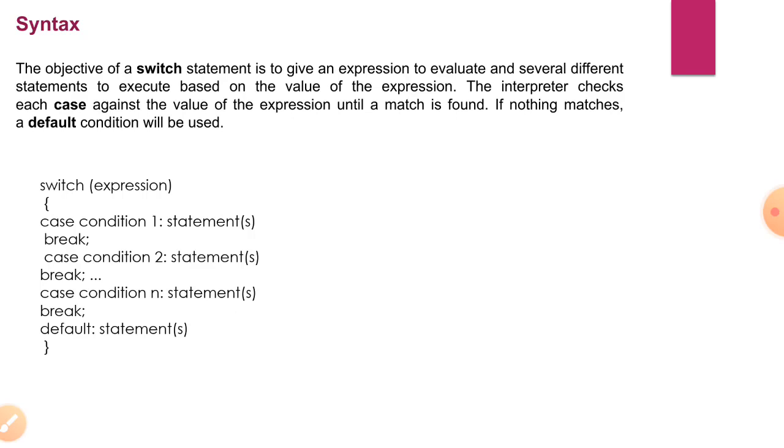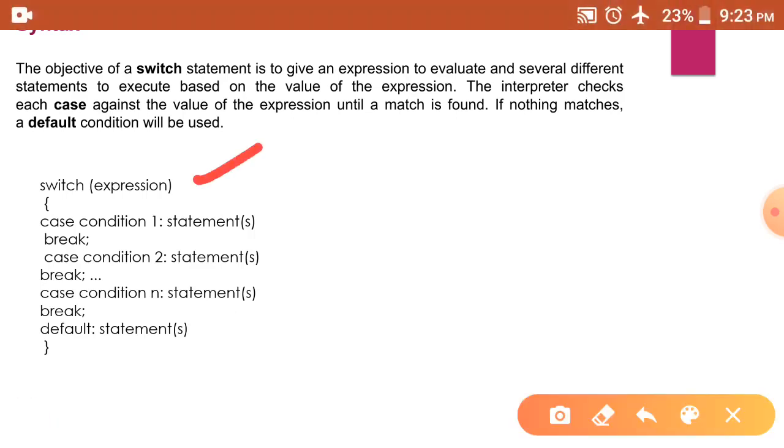So actually, the syntax of this switch statement is: switch expression. Case condition 1, case 1, the statements will be executed. In case 2, the statements will be executed. If it is case 3, the statements will be executed. If no condition is satisfied, then case n statements will be executed.